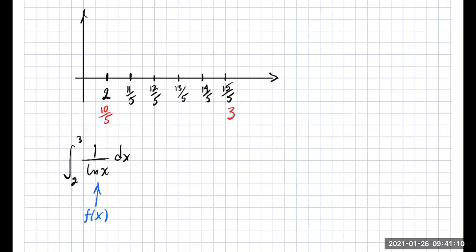Okay, I'm going to make a note that the function in question is 1 divided by the logarithm of x. So keep that in mind.